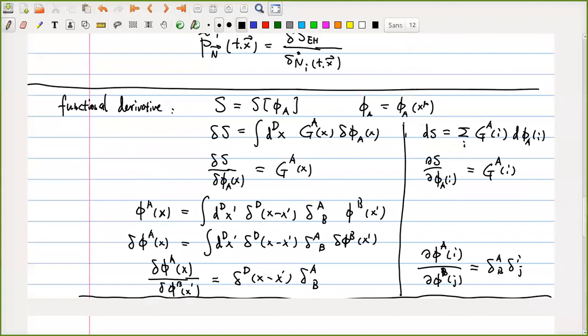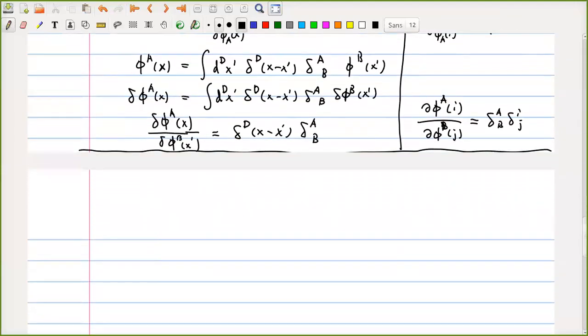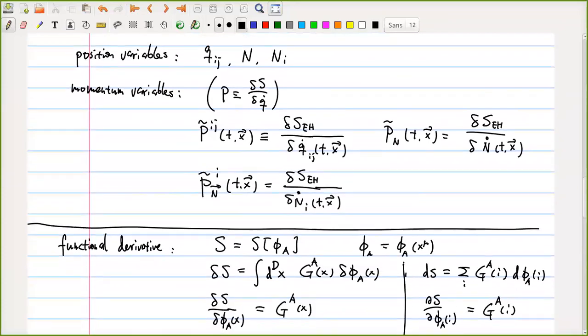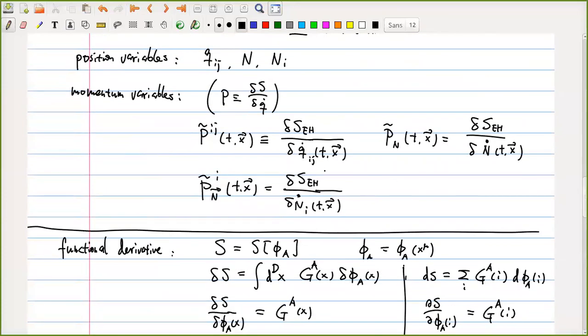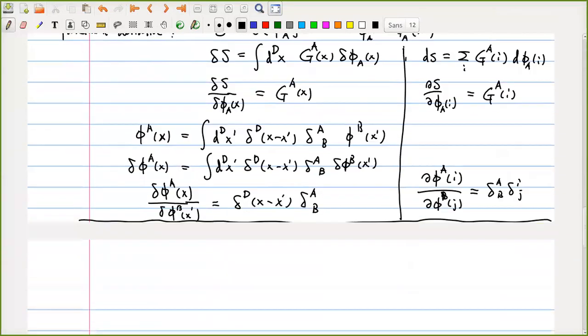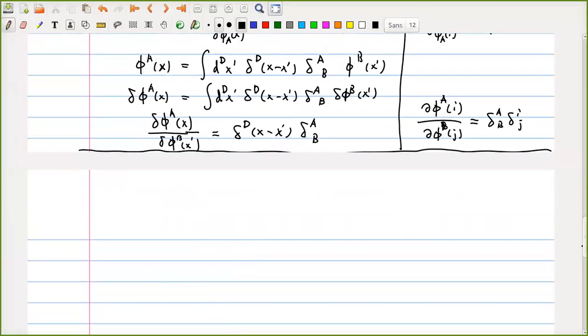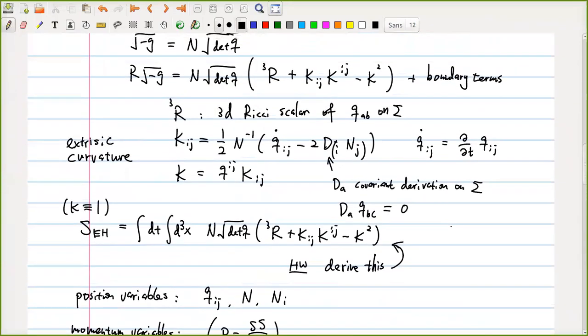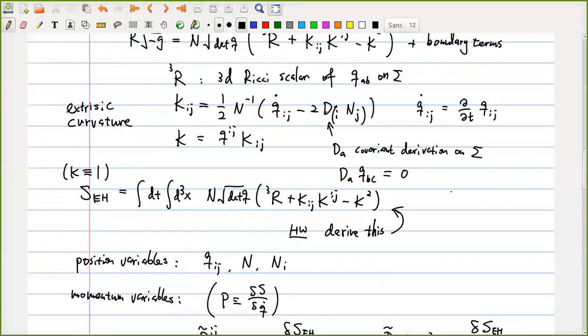You just need to apply these kinds of rules all the time in actual calculations. Now you apply these functional derivatives to compute those quantities. Again, I leave you an exercise for this. It is very easy.